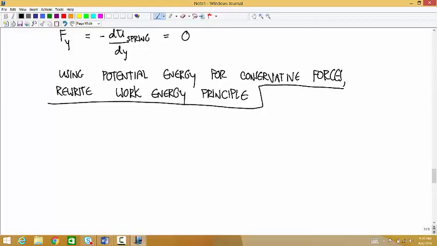And you can go through this and see how the signs check out. But the new form of the work energy principle says that all the work done by non-conservative forces is equal to the change in kinetic energy plus the change in potential energy.